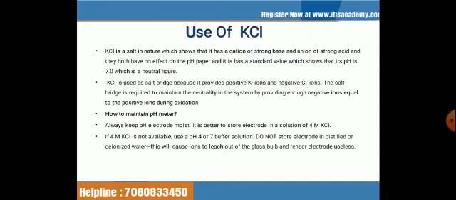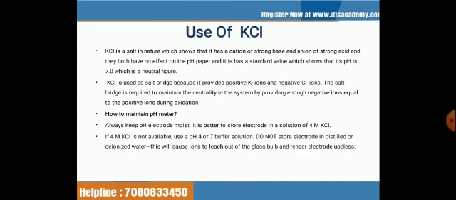Okay, use of KCl. Why is KCl used in the pH meter? KCl is a salt, which means it has a cation of a strong base and an anion of a strong acid, and they both have no effect on the pH, and it has a standard value, its pH is 7, which is neutral.